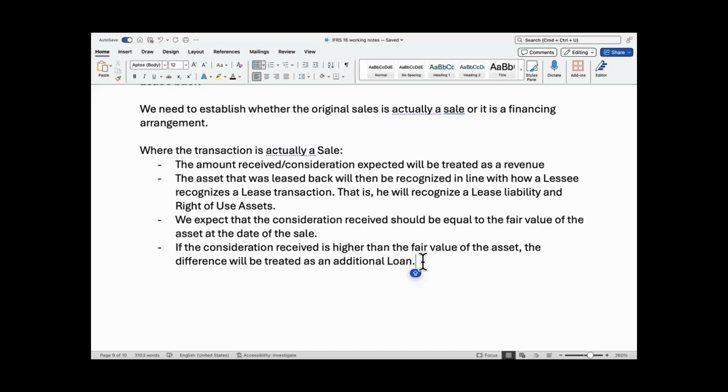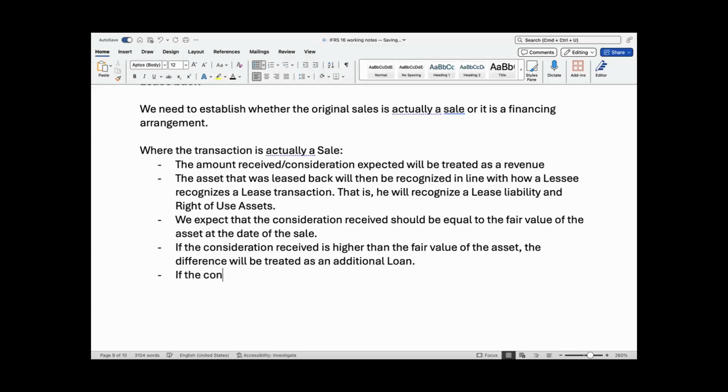We need to solve a question that will show how to do that separation: this one is the loan, this one is the lease. Because the lease rental will be above market rates. The lease rental will be higher because it incorporates repayments of the additional loan, aside from the lease rental he is paying. So we need to do that separation.